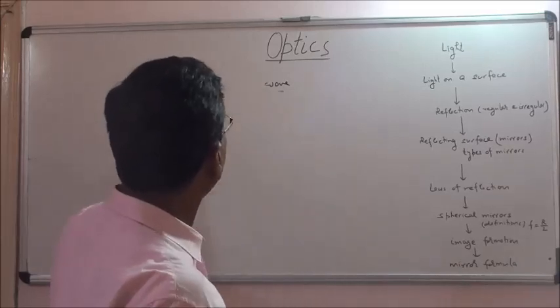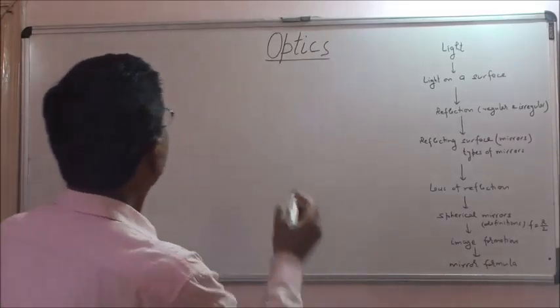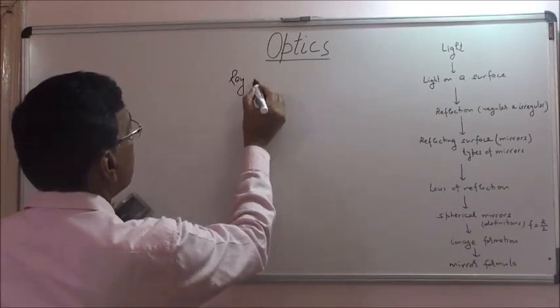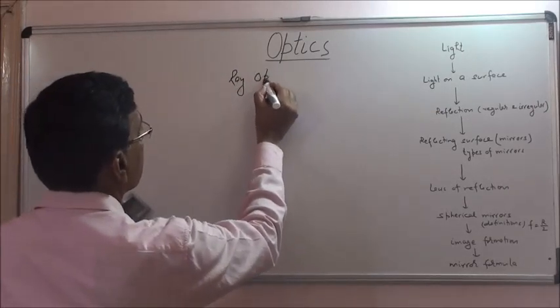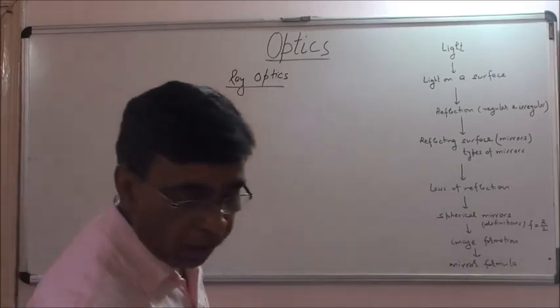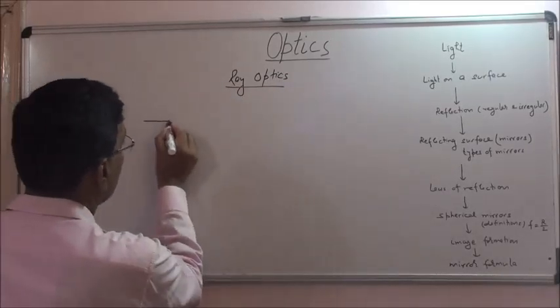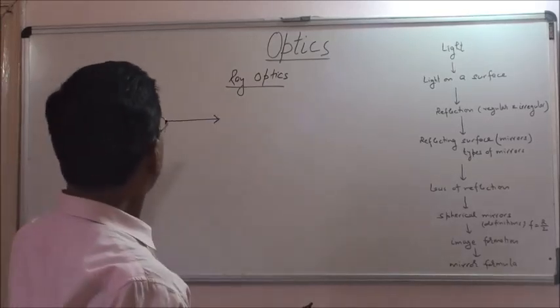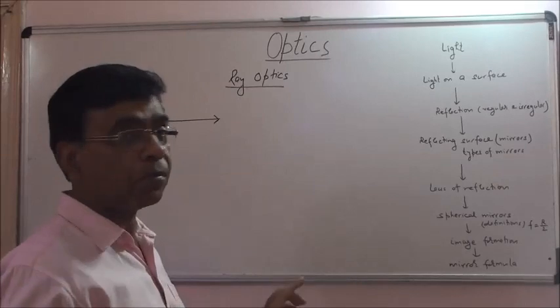Anyway, in this particular topic, we will talk about light ray optics. Okay, a light ray is a straight line or maybe curved too. A straight line with an arrow.